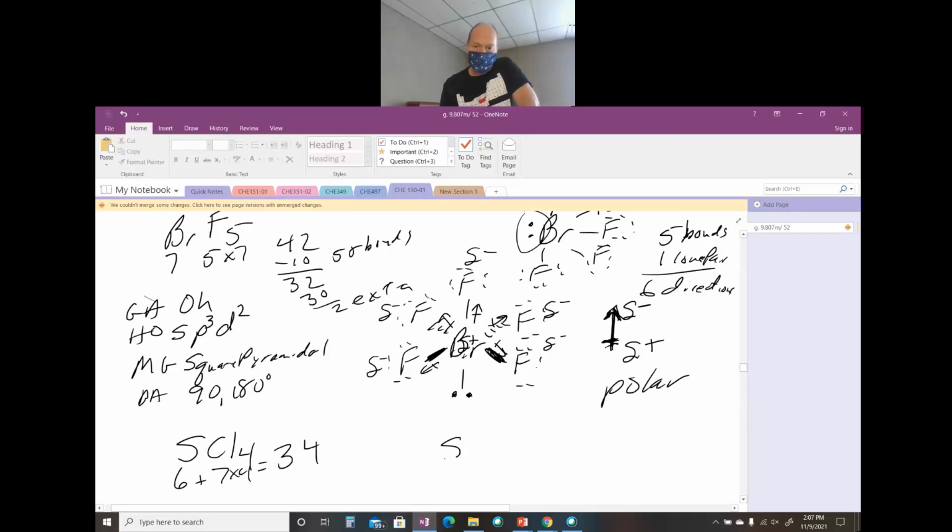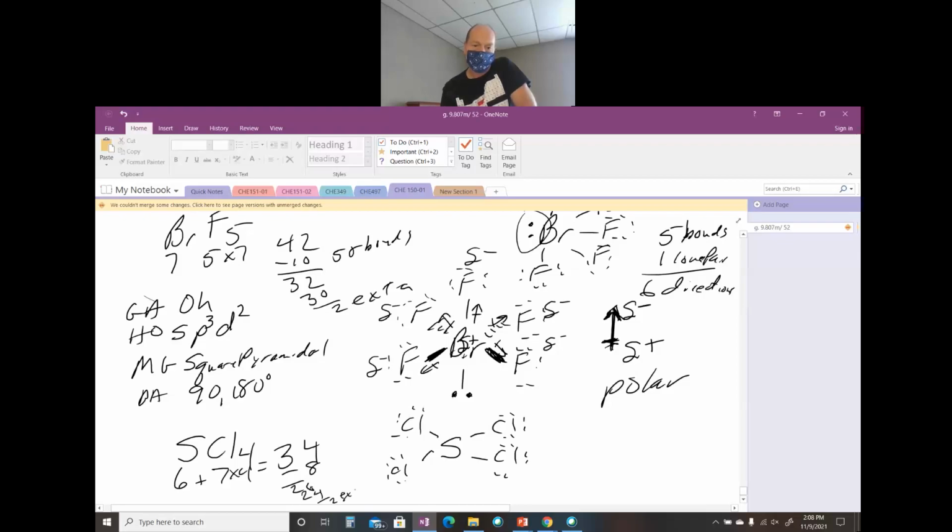And so S is the first atom that's not a hydrogen. That is your central atom. It's bonded to 4 fluorines. All right, and so we subtract 8. We have 26. We only need 24.